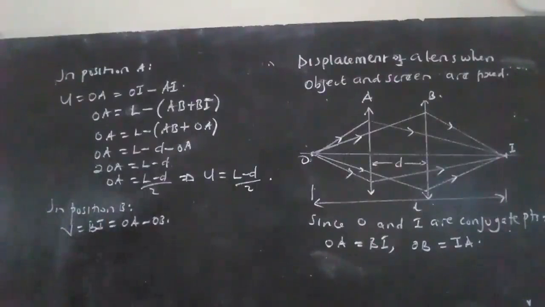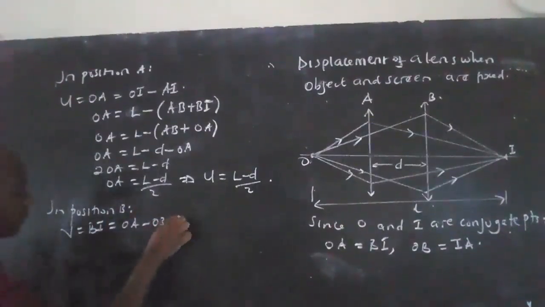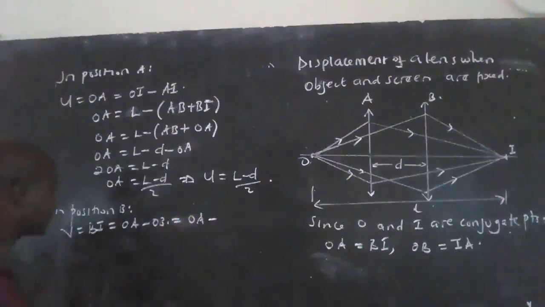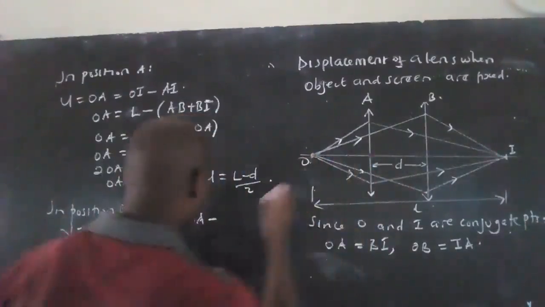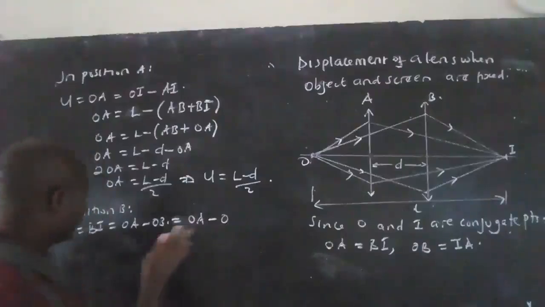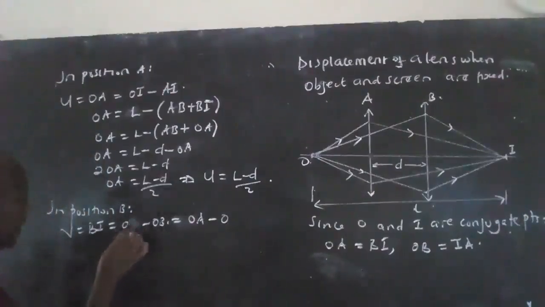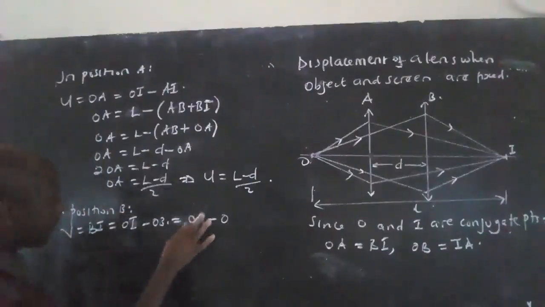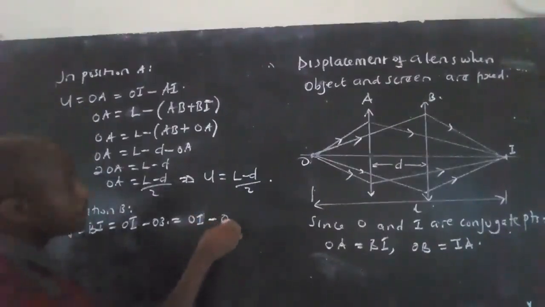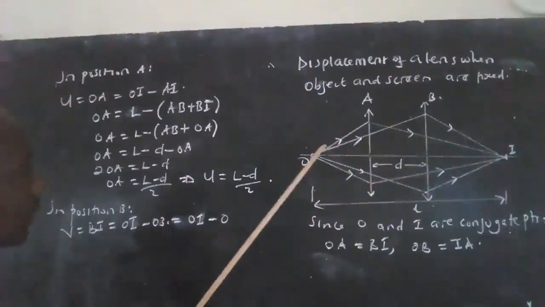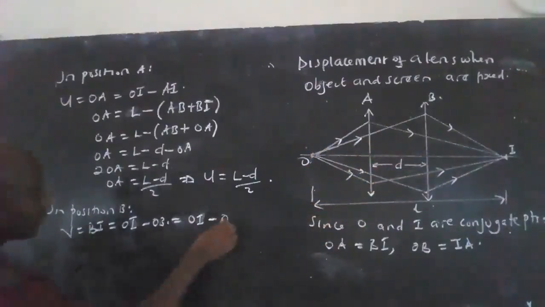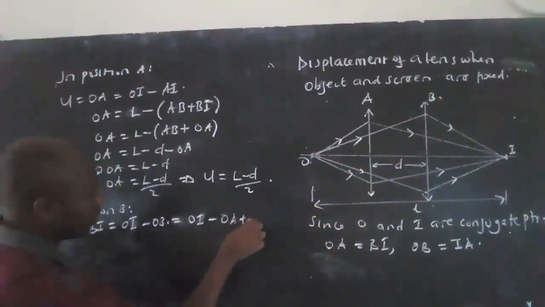But then OB is same as OA. So this is OI. This is OI. You understand? So this will be OB. Now O to B is same as OA plus D, OA plus AB.